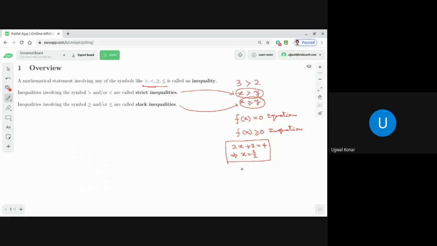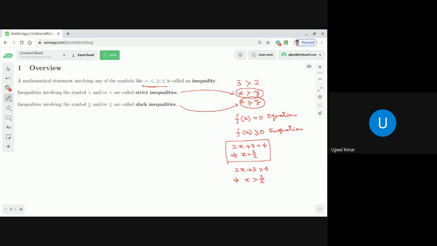But if I give you an inequation like 2x plus 3 is greater than 4, by leveraging these properties we are going to get x greater than 1 by 2. Greater than 1 by 2 is not a specific number.